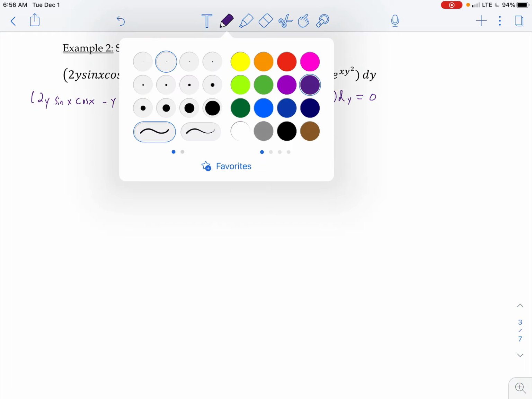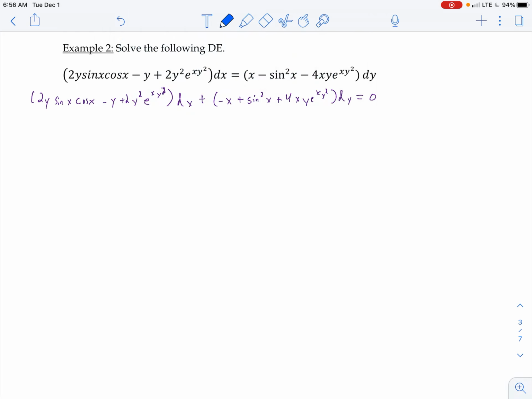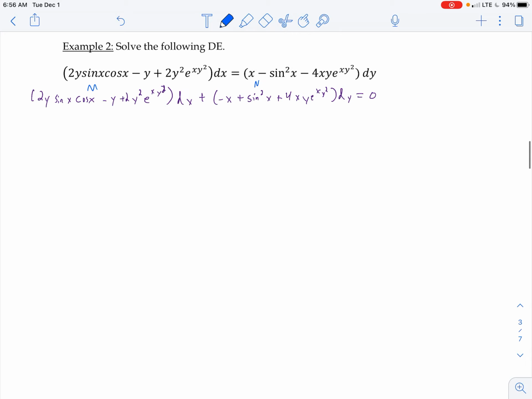Now, I want to see if this is exact. So again, I need to denote what is M, what is N. So here's our M, here's our N, and I want to see if M sub y is equal to N sub x.